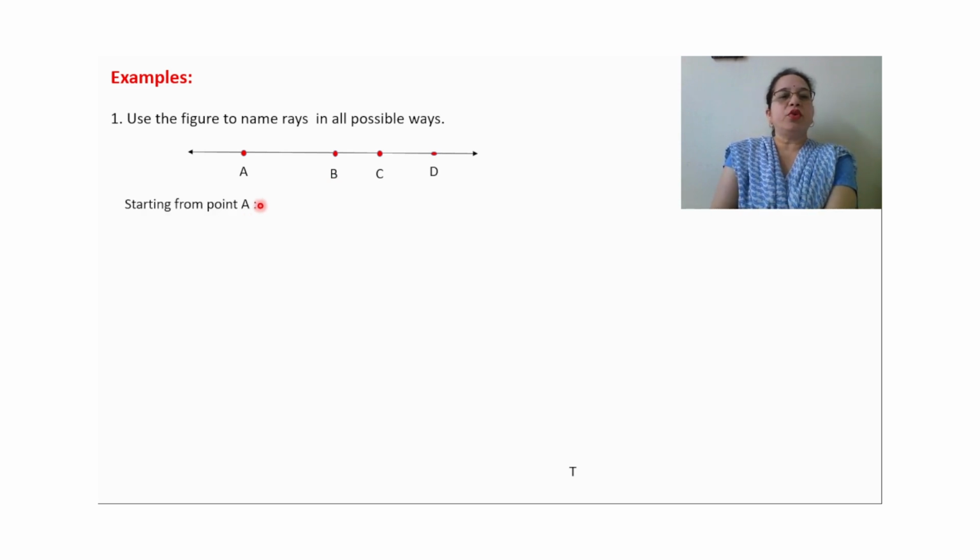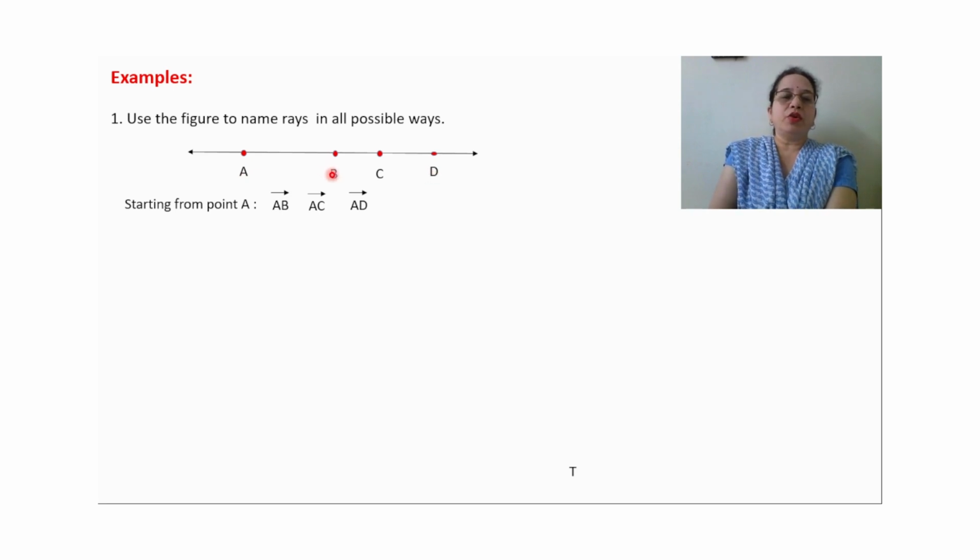Starting from A, we can take another point B. So AB, increasing towards B. Then AC, increasing towards C, and then AD, increasing towards D.